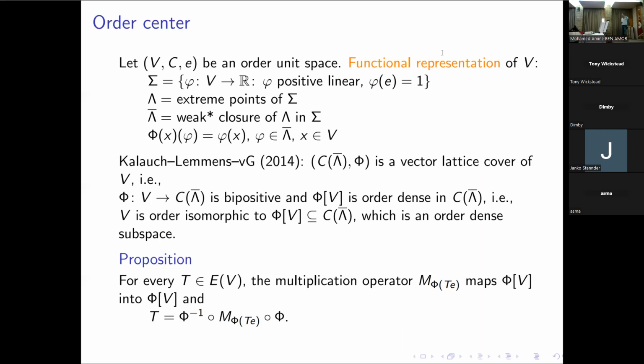So we can translate it to a subset of continuous functions. We can translate the operator as well. And then it's a multiplication operator. We can see the function with which you have to multiply is the phi of the t of the identity. So that's an explicit formula even for the multiplication function. And so in this sense, yes, our order center consists of multiplication operators.